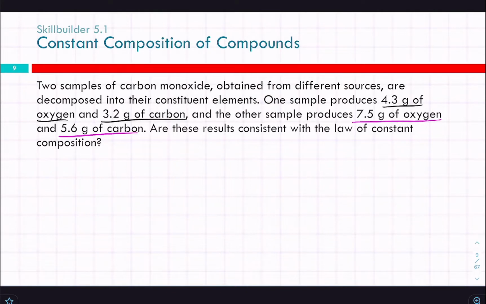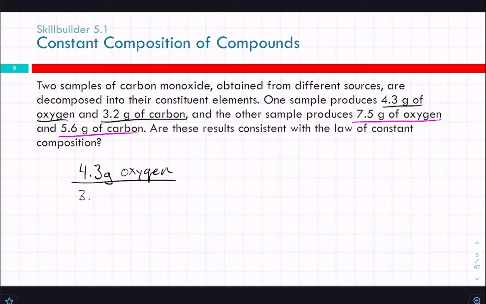So we can take our sample here of 4.3 grams of oxygen. And again, we're going to divide the larger number by the smaller number to give a whole number.